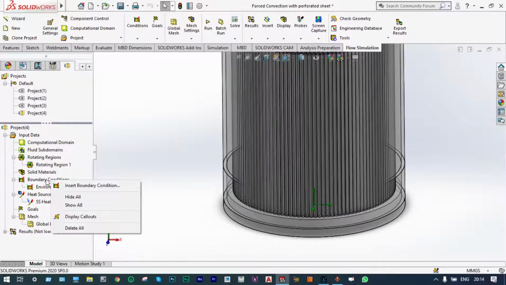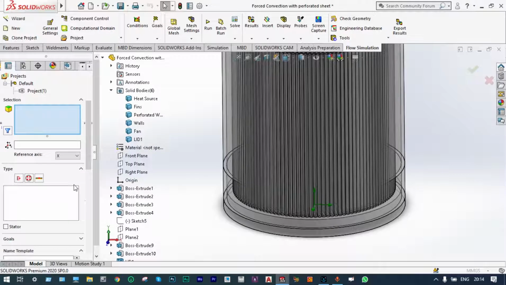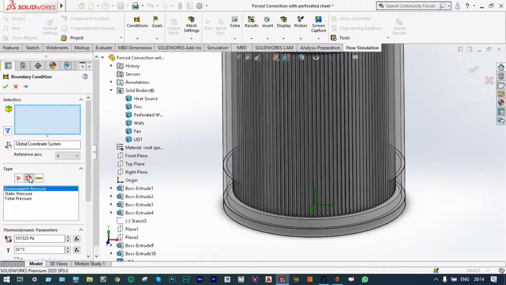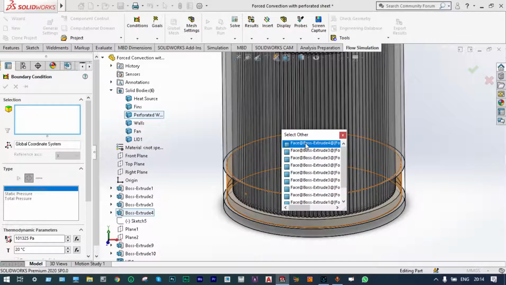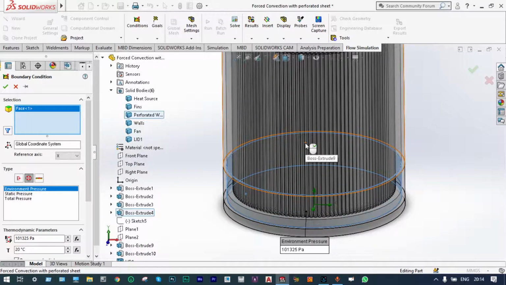We can provide boundary conditions at the perforated plates. Insert boundary conditions. It will be environmental pressure at the perforated plates. Select other. Let us select it first. Selected, it will be equal to environmental pressure. Again check.